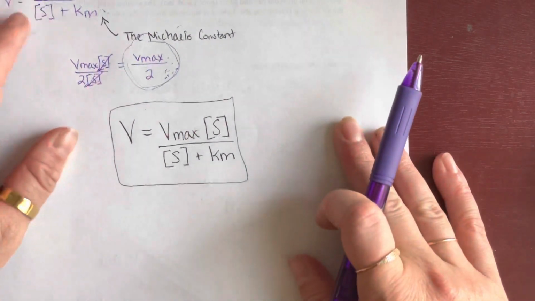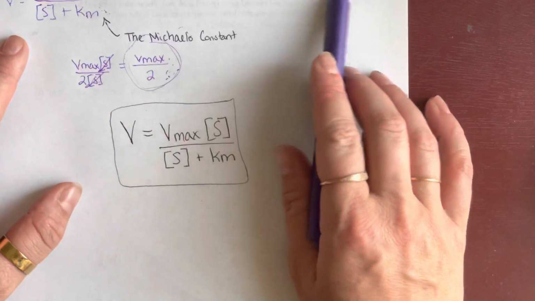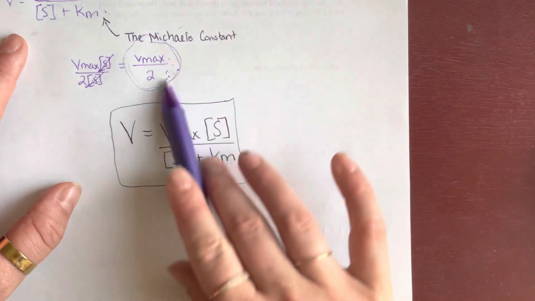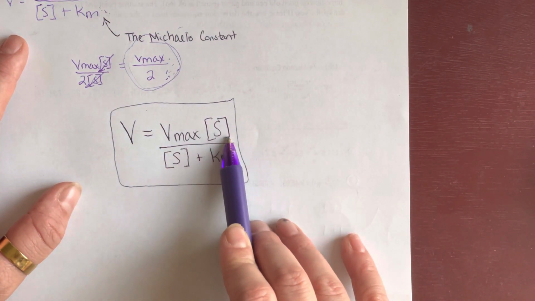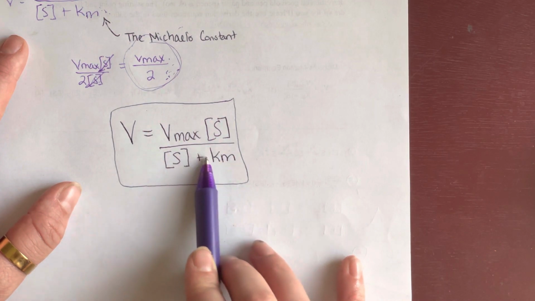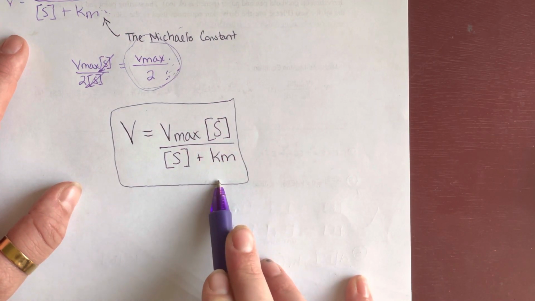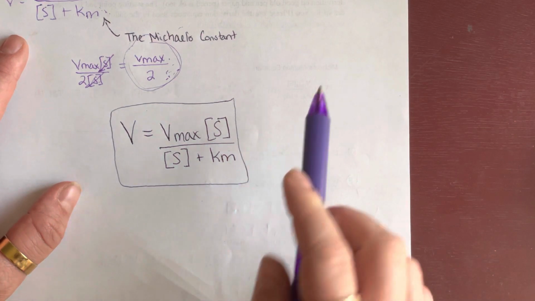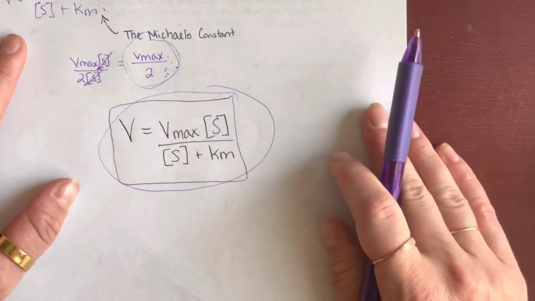Condensed down, we just described what Vmax was. So we have Vmax times substrate S divided by substrate S plus Km. This is our final equation here.